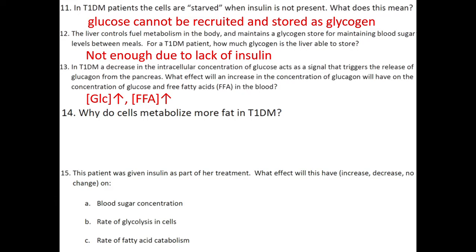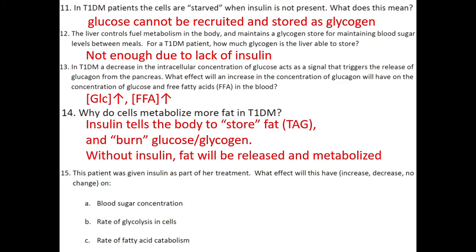So when I have a high level of glucose in my blood, that means I want to store that glucose. That means I don't want to release fatty acids. I want to store fatty acids. But what about type 1 diabetes patients? They don't have enough insulin. That means I cannot store fatty acids, and I cannot store glucose into glycogen.